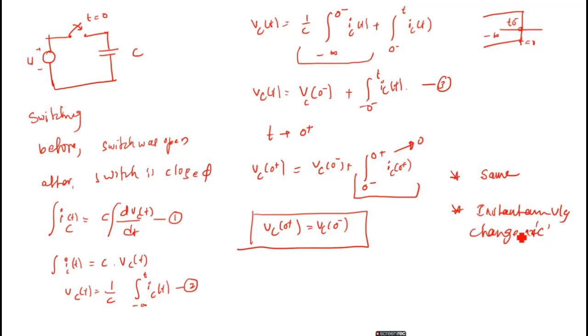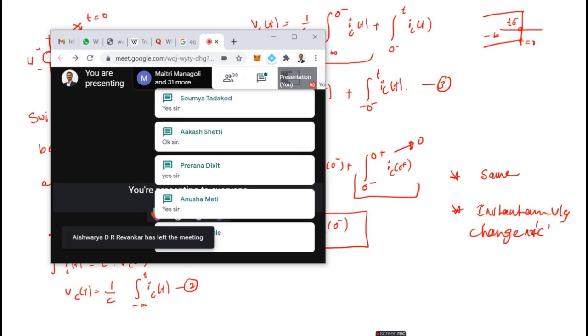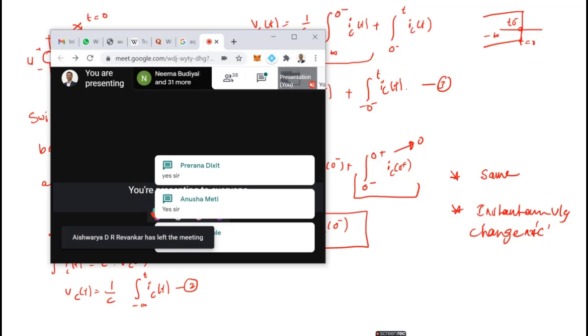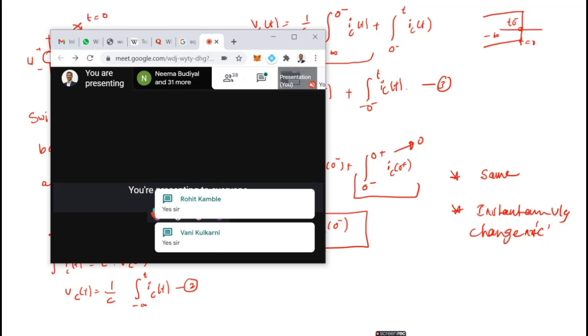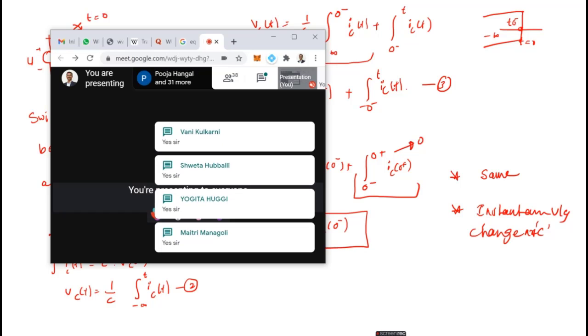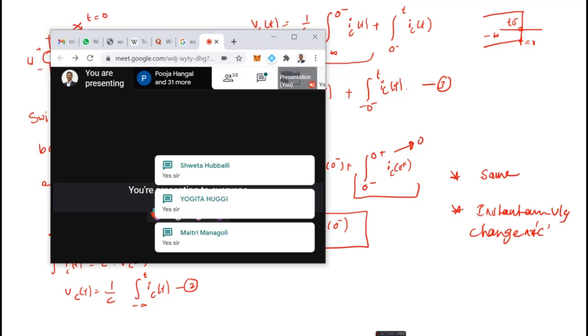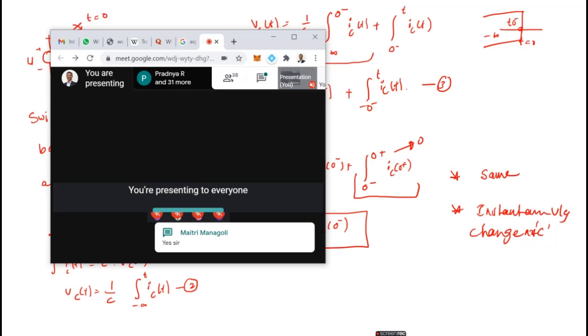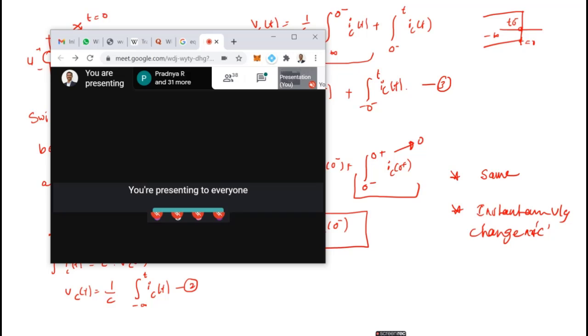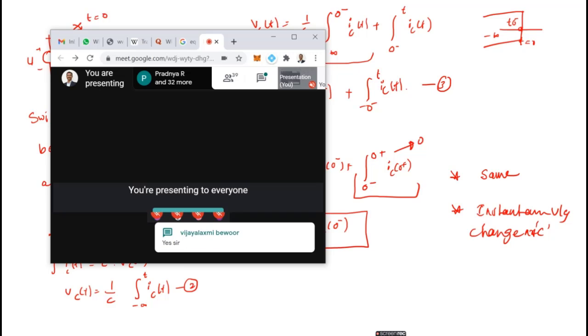Am I okay? Is that okay? Two conclusions after the discussion. They are: an inductor will not support instantaneous current change through it. The meaning of this is, immediately before and after switching, the current through an inductor will be the same, I(0 plus) equals I(0 minus).